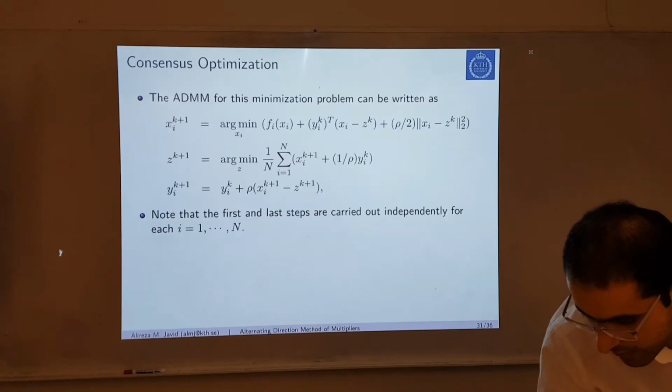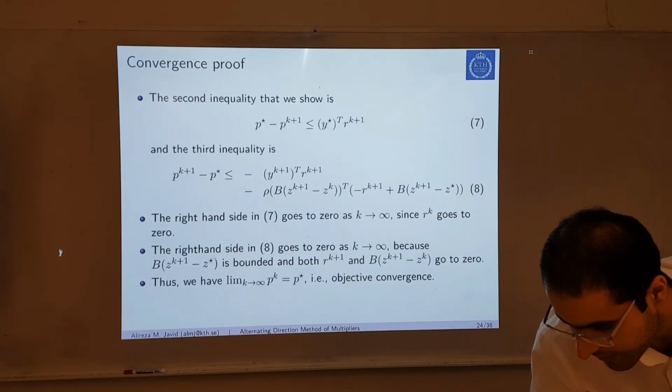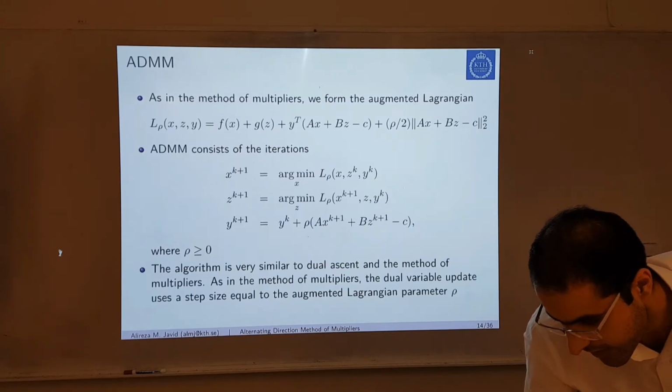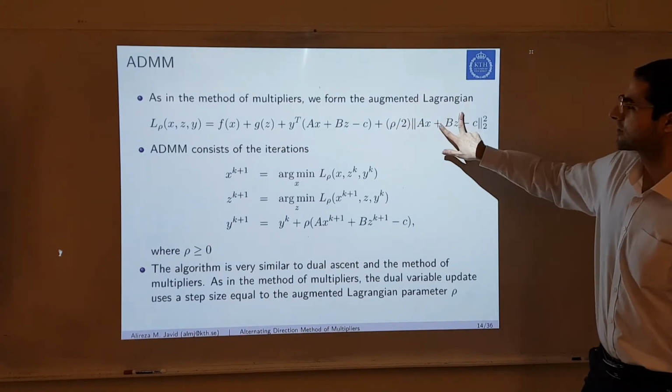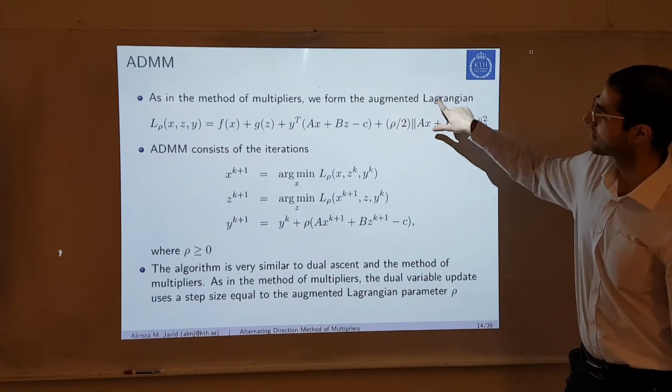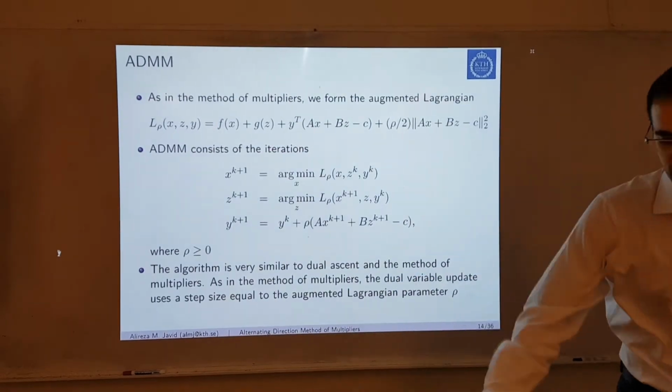And if you notice in the Lagrangian, we have rho times residual. So if r is so large, then I can increase rho, and then I'm enforcing r to be smaller.